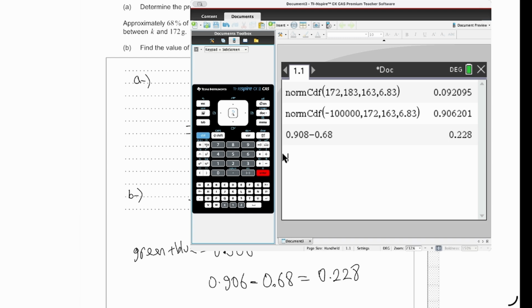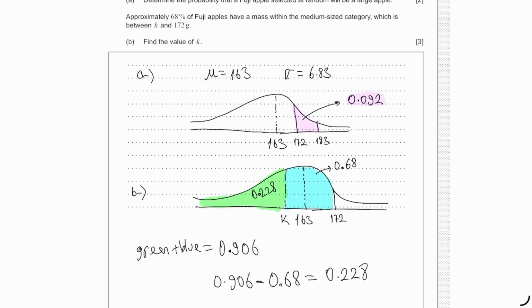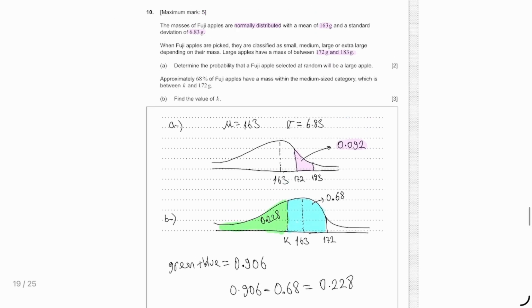Okay, and so this area we found, right? Then we need to do inverse normal. Area is this one, and we need to find k, we can find k with this method, right?